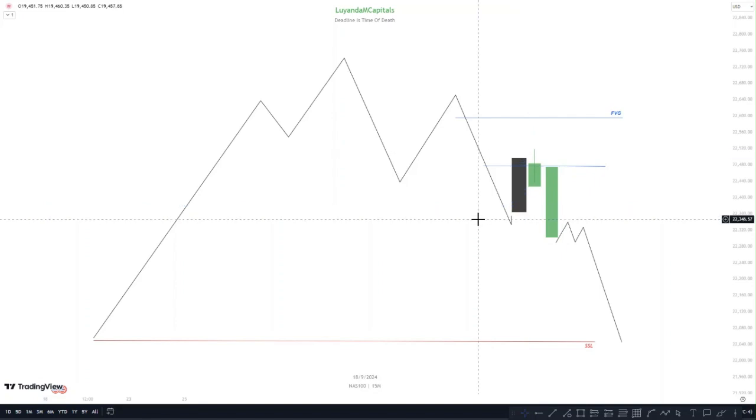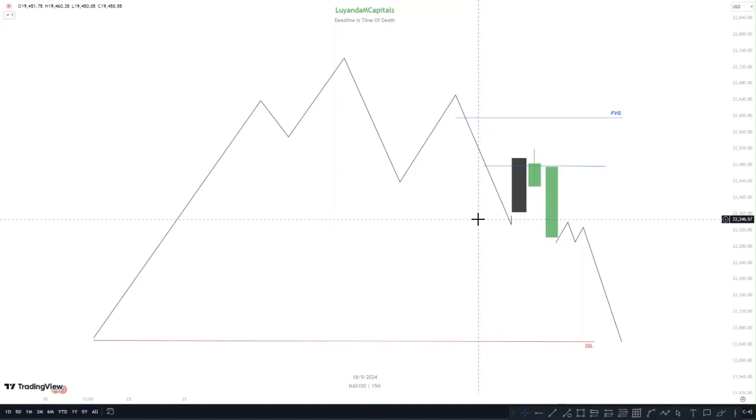So there's this theory that came with this guy Romeo speculates, right? He says that a closure above is an indication that price is going to head higher. A closure below is an indication that price is going to go lower, and a wick above, hashtag turtle soup, is an indication that price is going to head lower, and a wick below, a turtle soup, is an indication that price is going to head higher, right?